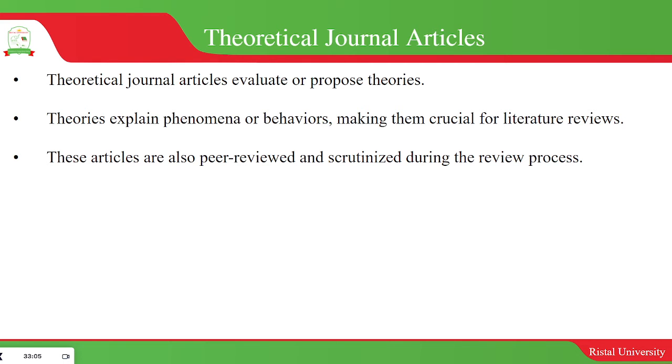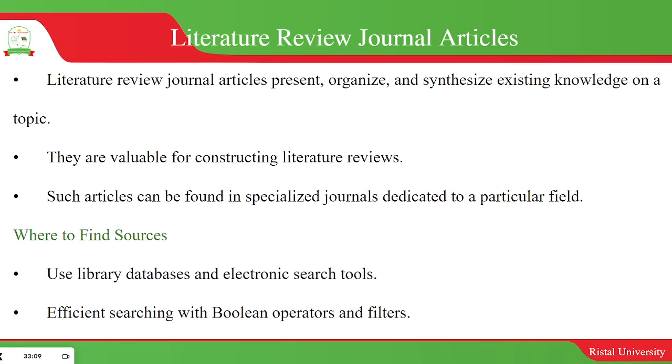They are also peer reviewed and scrutinized during the review process. Okay, so literature review journal articles present, synthesize, and organize existing knowledge on a particular topic. So they play an important role in helping you to construct your literature review.